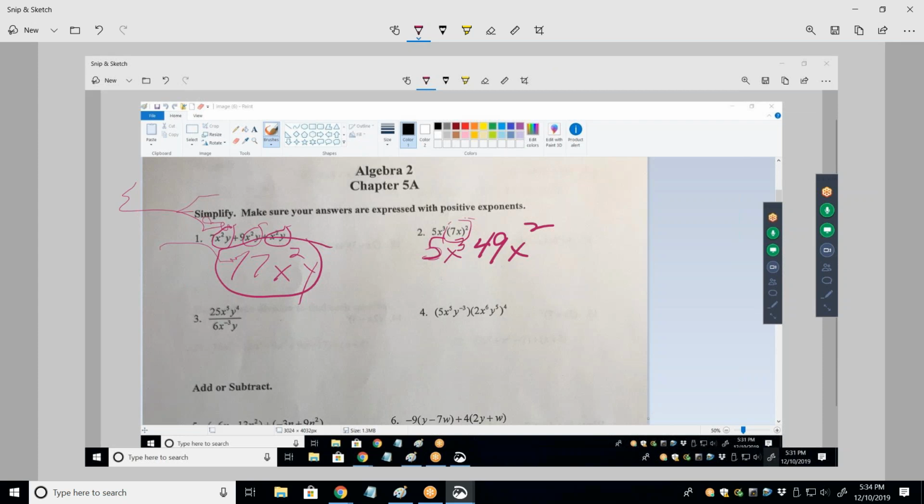Do you have a calculator in front of you? Oh, I just did it in my head. Do 5 times 49. It's 245. Now what's x cubed times x squared?